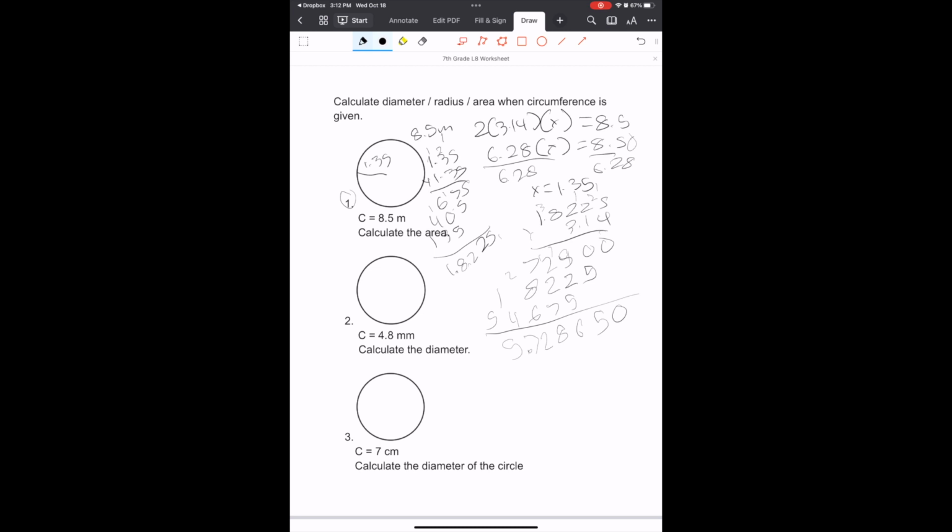Once you do all that, we're going to round this. So this rounds to 5.75 meters squared.